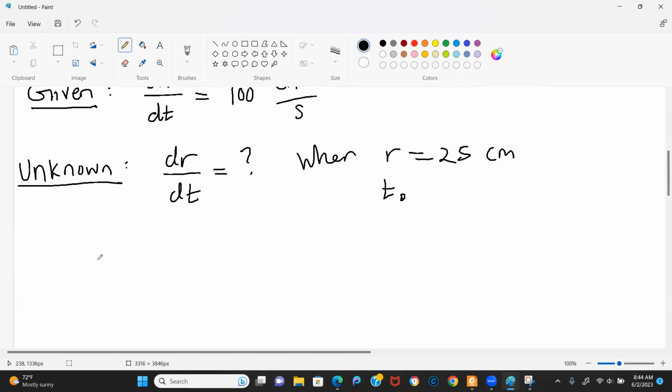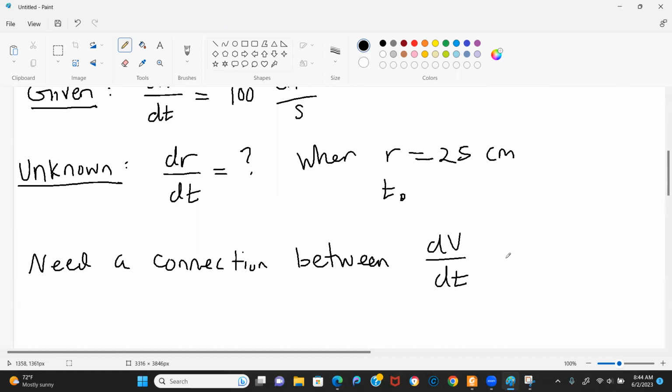So now the only thing we need is a connection between dV/dt and dr/dt, so that we can describe this unknown in terms of this thing that is known.